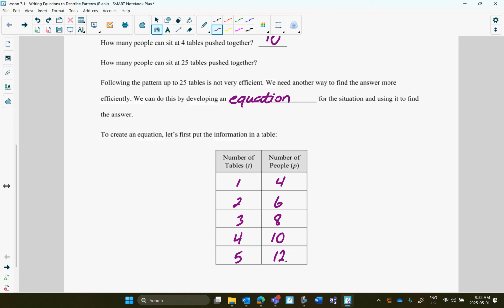Every time this goes up by 1, the number of people go up by 2, but that's not efficient. I want a horizontal pattern. In other words, I want an equation so that if I know what T is, tables, I can calculate P, people. Want to give it a shot?